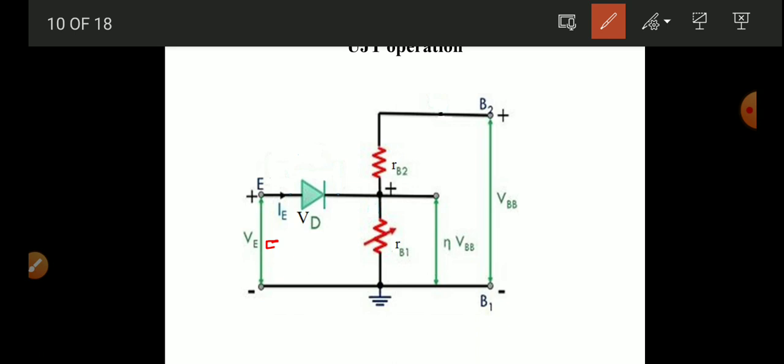And since the holes move from the P region to the N region, the resistance RB1 decreases and the conductivity increases. Since the resistance decreases, the voltage across RB1 decreases. That means the diode becomes more forward biased. More forward bias means more holes are moved from the P region to the N channel.